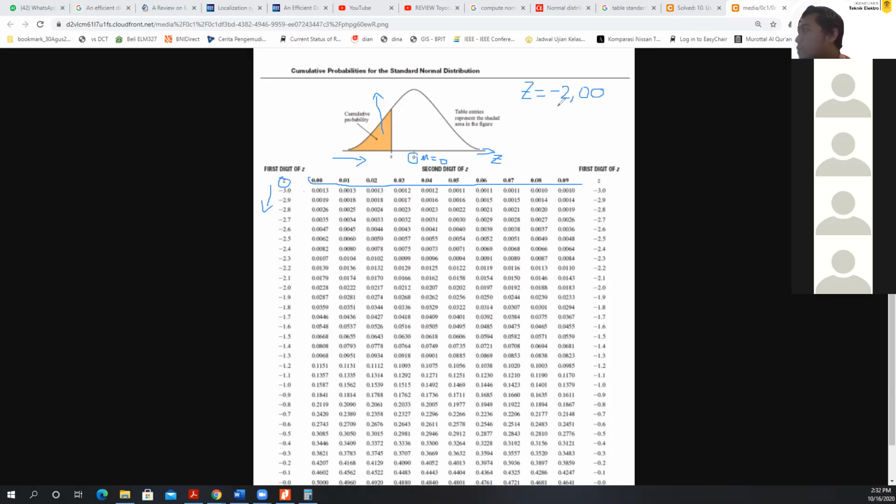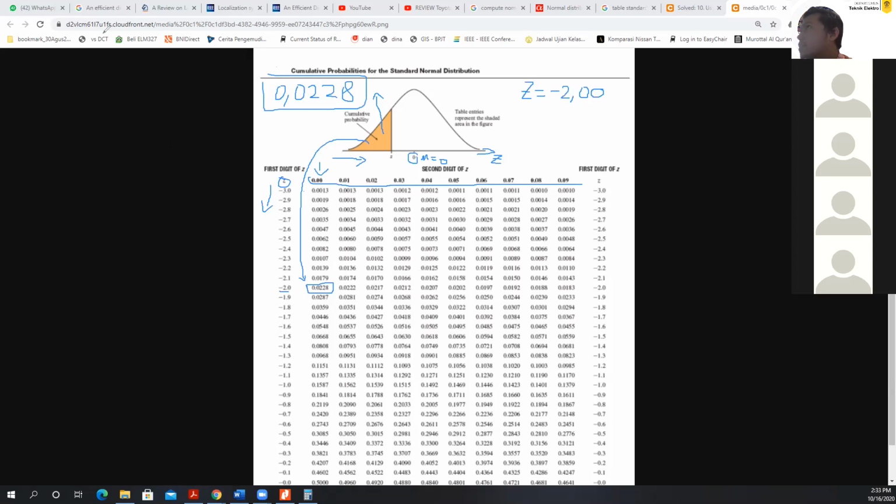So we search from -2, this one, -2.00. We look at this column and we arrive at this one. So the area in this orange is equal to 0.0228.